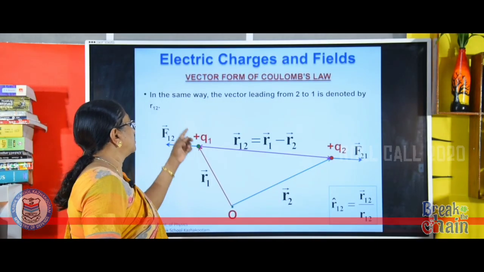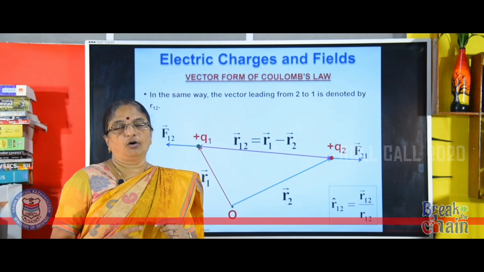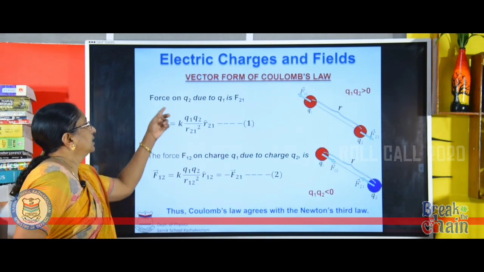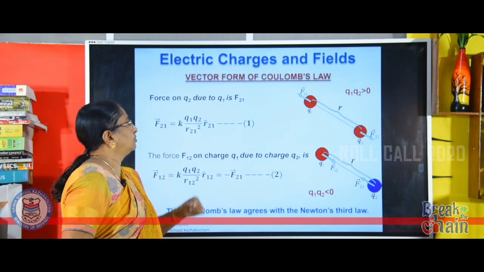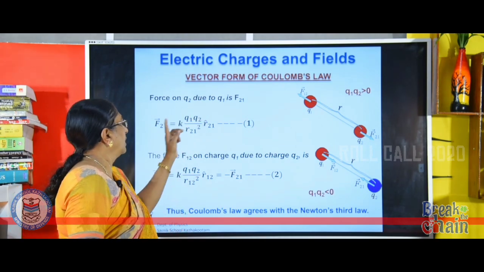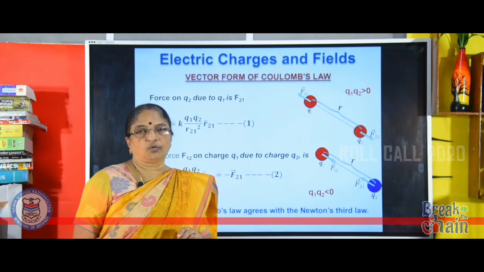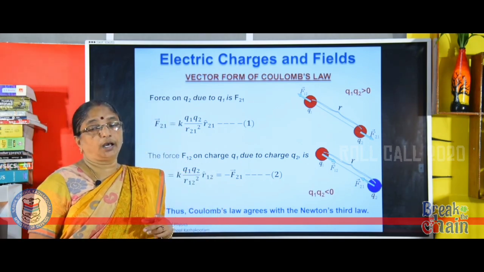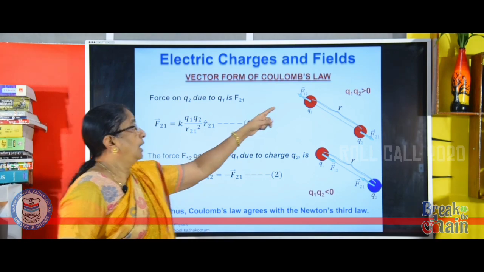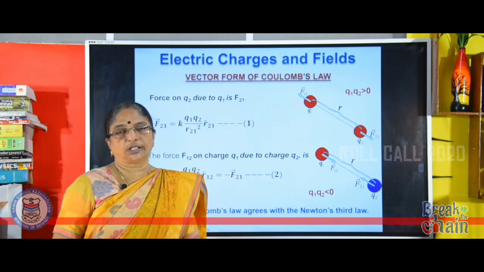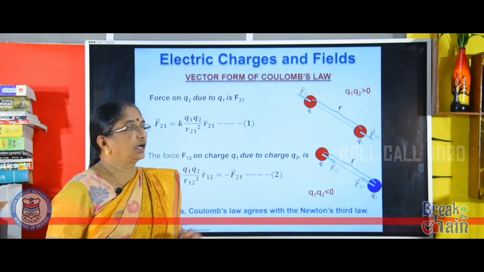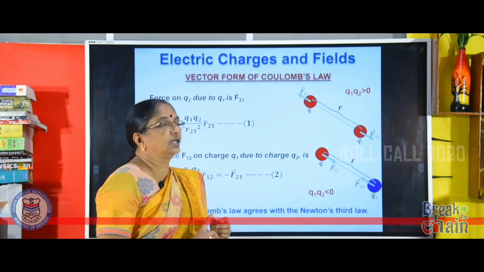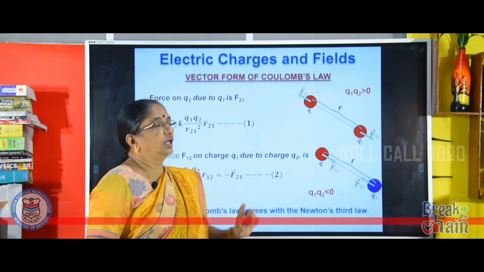Similarly, F21 is the force exerted on the first by the second, and we can show that the force on Q2 due to Q1 is F21, given by Coulomb's law as K into Q1 Q2 by R21 square R21 cap. If Q1 into Q2 is greater than 0, it means that one is a positive charge and the other is also a positive charge, so they will repel.